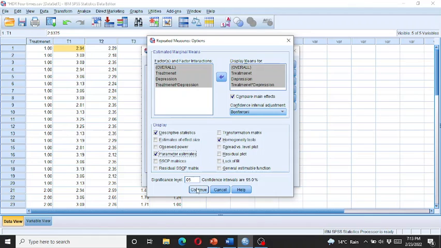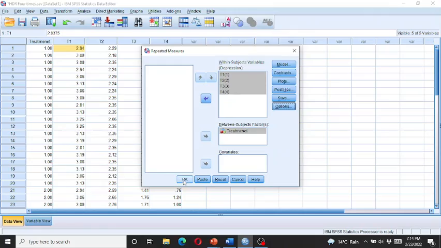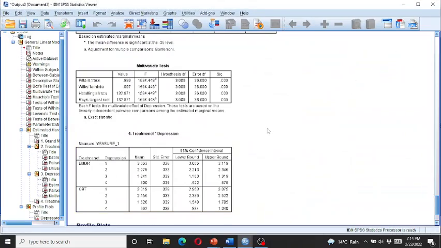As I previously told, we assume that the significance level should be equal to or lesser than 0.05, and you can increase or decrease this, but this is given by default by SPSS. Click on the continue and then click on the OK.